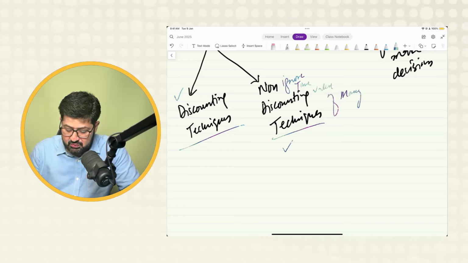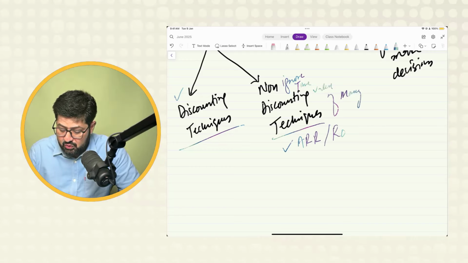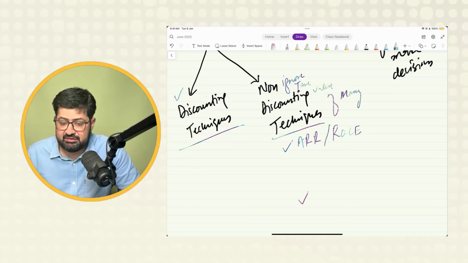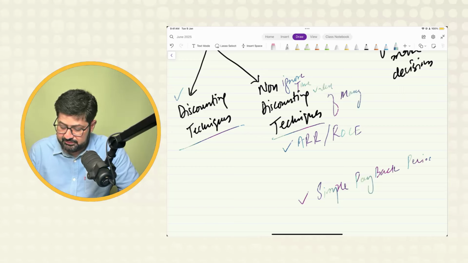Non-discounting techniques are 2. ARR, accounting rate of return, also called ROCE, return on capital employed. And the second is the simple payback period method. So 2 techniques are there.